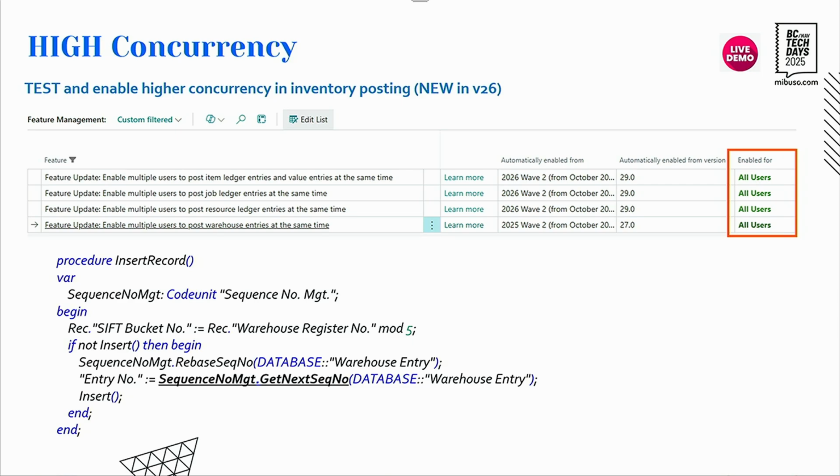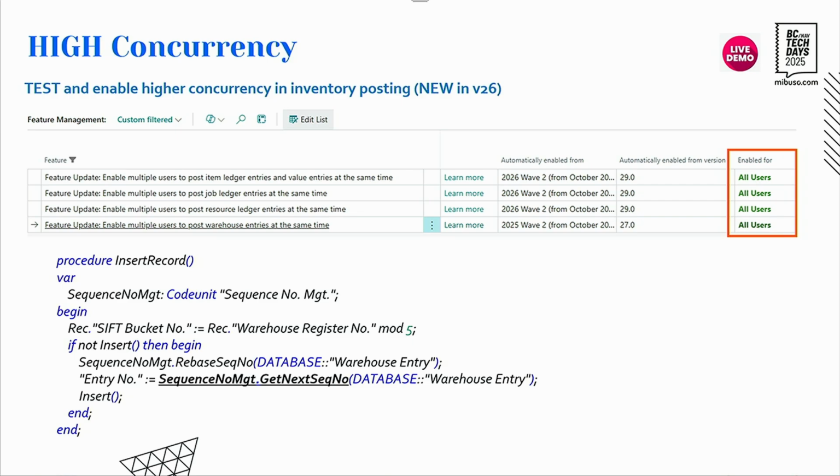And this is just one single small pattern that you might find if you go into the warehouse entries or item ledger entries. You can see that when there is the insert record, before it there is an assignment of a shift bucket number. That is a new field that has been added in order to statistically reduce the possibility of a deadlock on a specific shift.